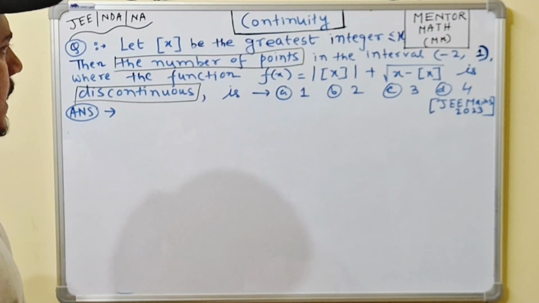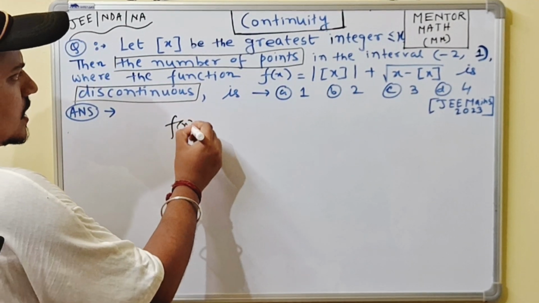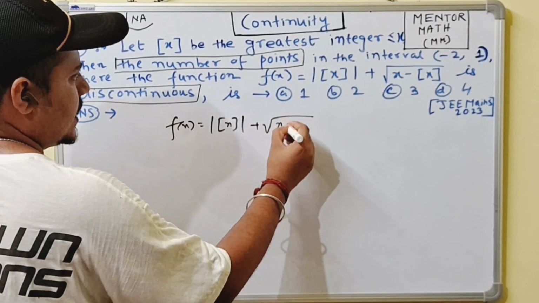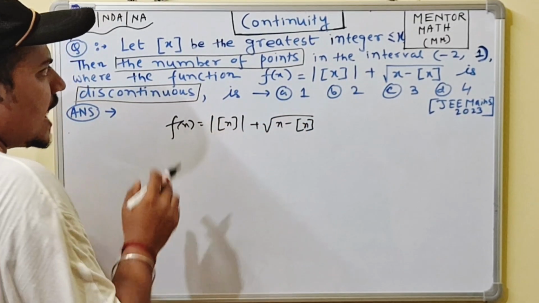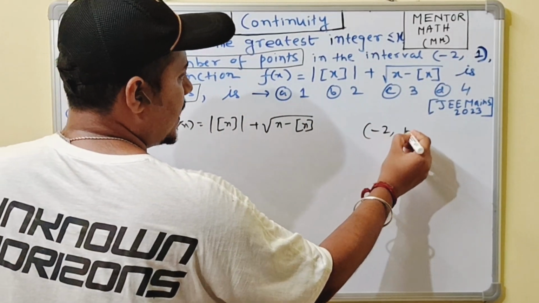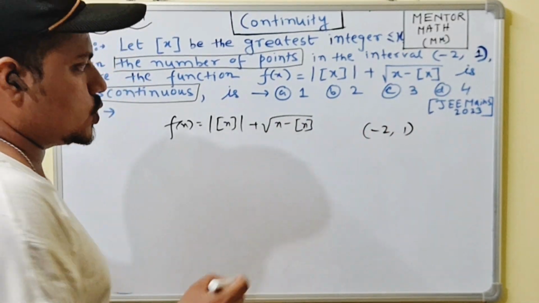Note please. Now you can see the function f(x) = |[x]| + √(x - [x]), and we have to work on the interval -2 to 1.